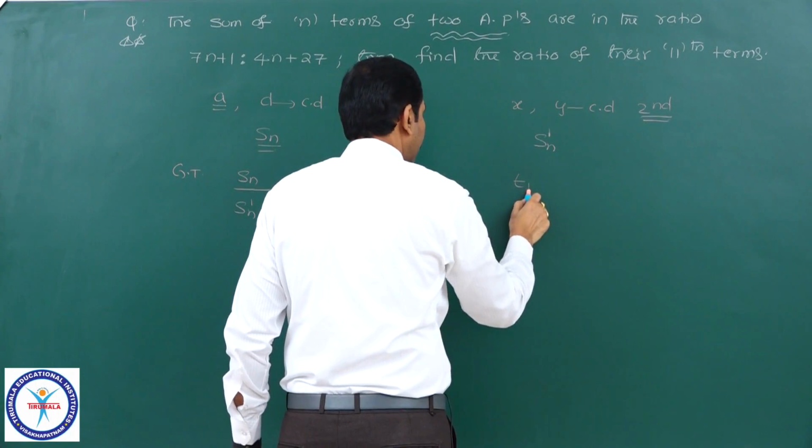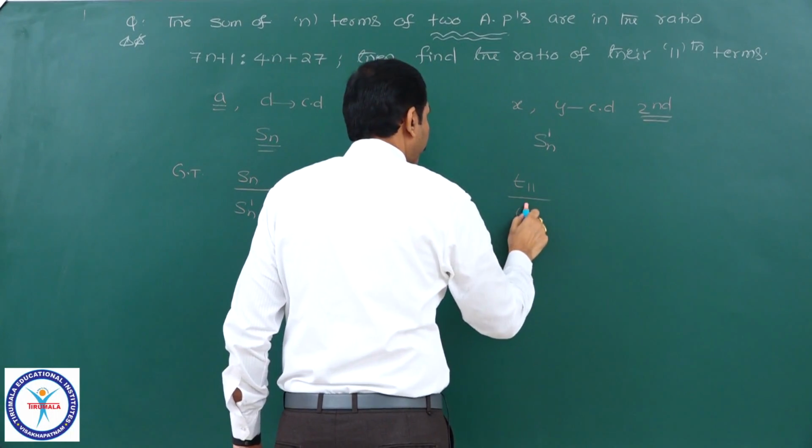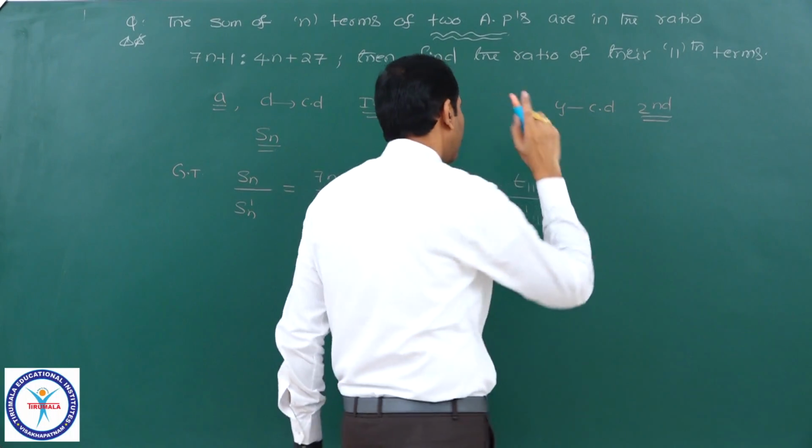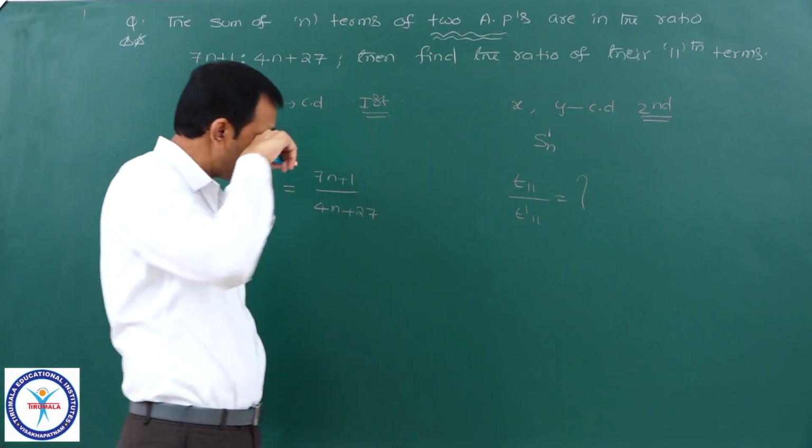If T11 is the 11th term of the first AP and T prime 11 is the 11th term of the second AP, they are asking for T11 by T prime 11.